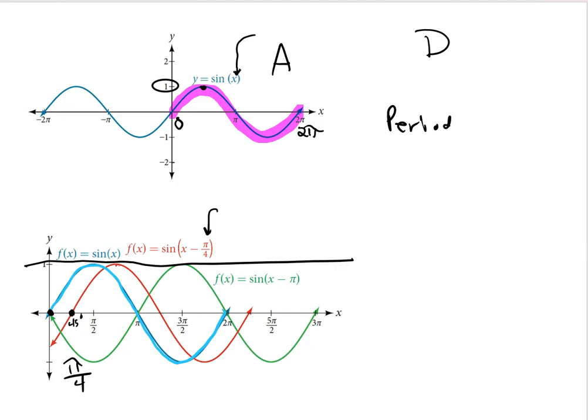Now the green one gets even crazier because it was right here and now it's starting there. So when you go up and you go down and you go up, you're going from pi to 3 pi. That is a period of 2 pi.